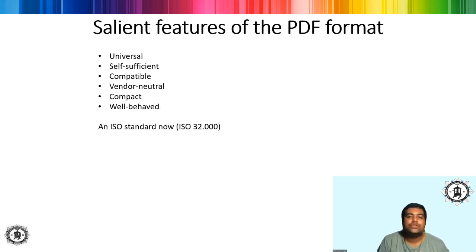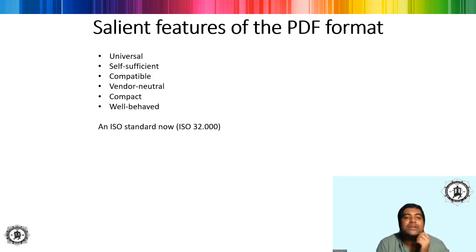Now, slowly and steadily we are starting our discussion on the PDF file format. As you know, PDF is now the de facto file format for exchange of any data, be it through electronic media or for the purposes of reproduction through print. Now the question is, why has PDF become so successful as a file format for exchange of data?